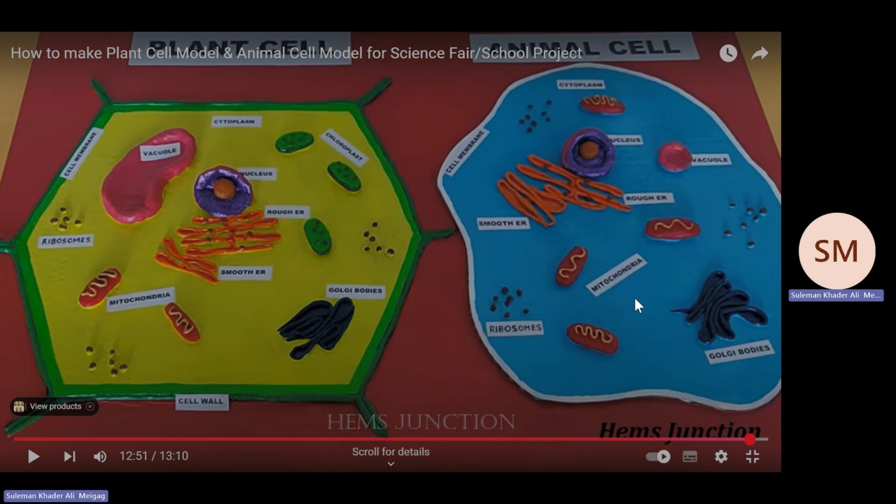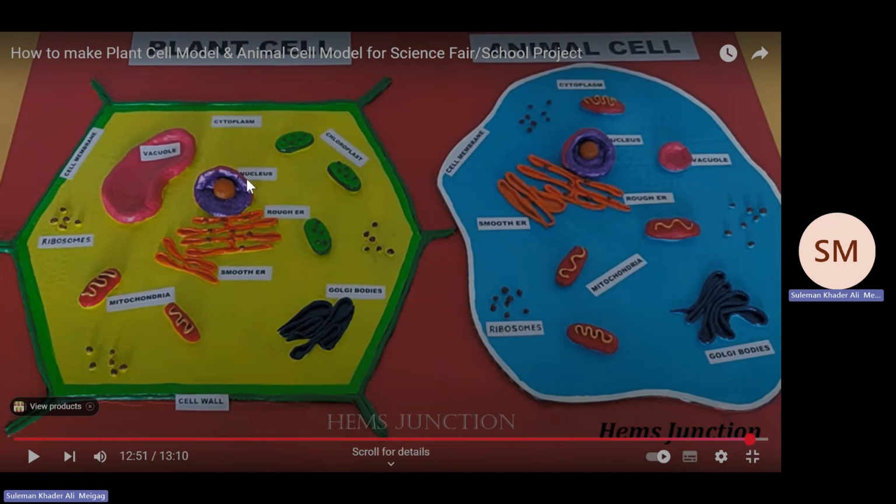Plant cell and an animal cell. You see, they took a long time getting all the different organelles: the nucleus, the vacuole, the mitochondria, the ribosomes, the Golgi bodies, smooth ER, cell membrane.